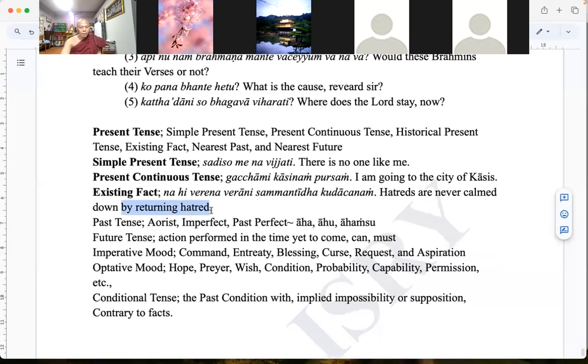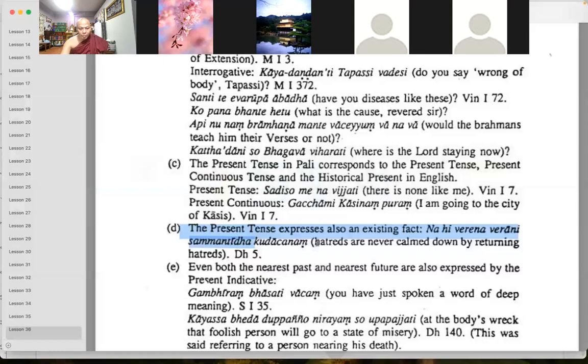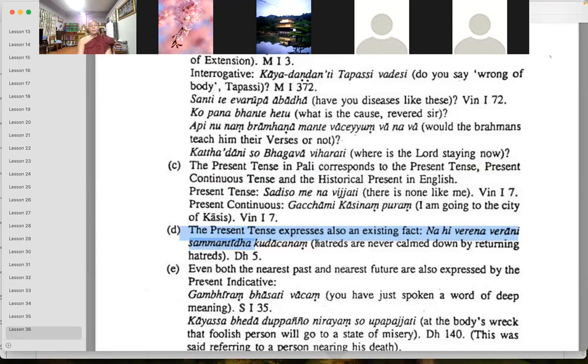Okay, and then next one is the historical present. That one is omitted. Historical present is not included in the examples. Actually, the historical present can be understood in telling a story or telling a past event.